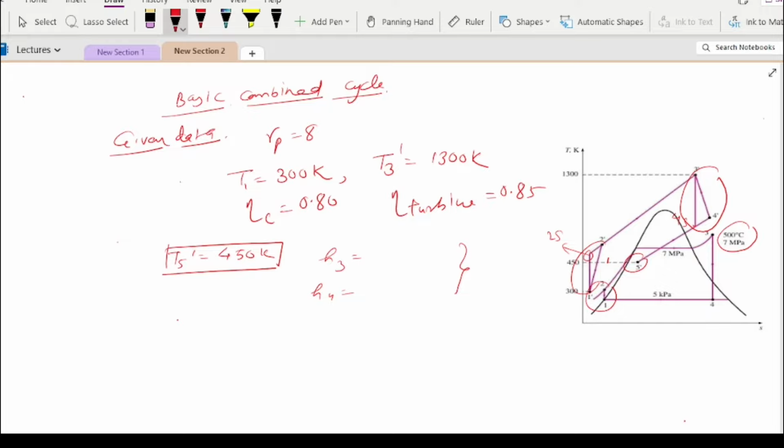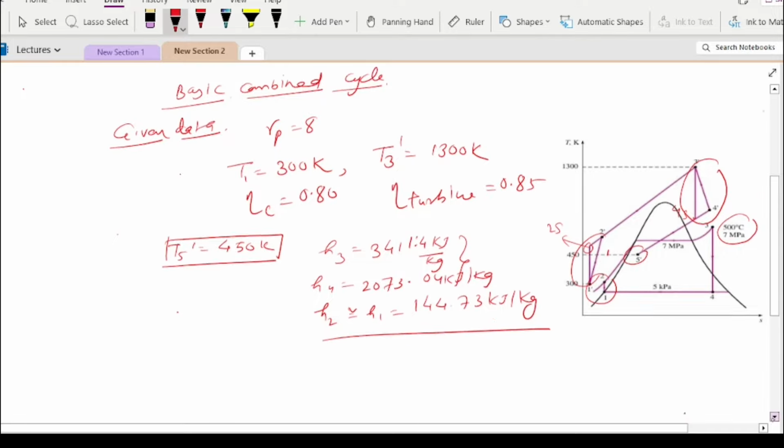Therefore, from the steam table, H3 is 3411.4 kilojoule per kg, H4 is 2073.04 kilojoule per kg, and S2 is equal to H1. I am assuming, since we are neglecting the pump work, it is around 144.73 kilojoule per kg. So this is all about the given data.